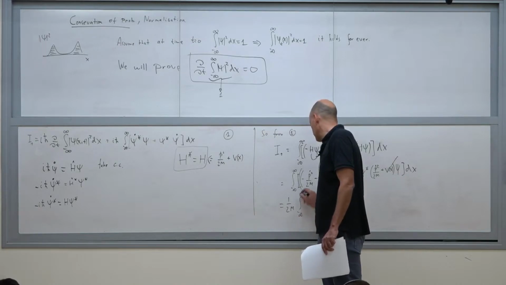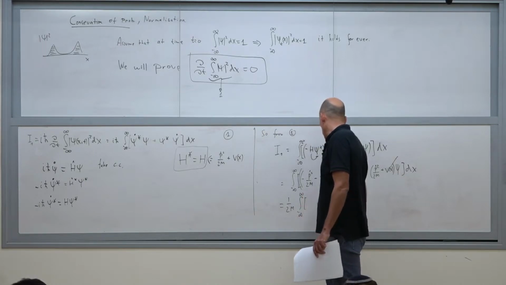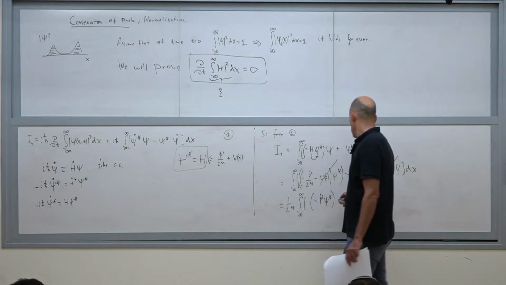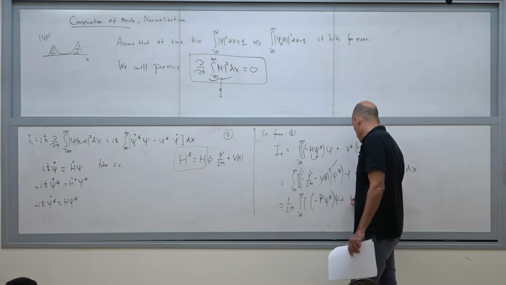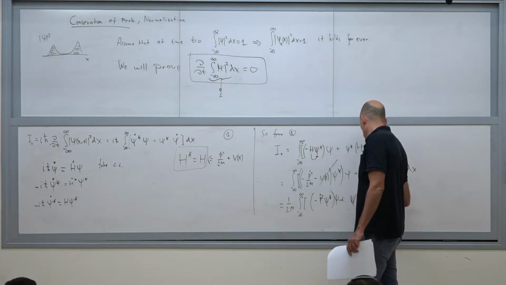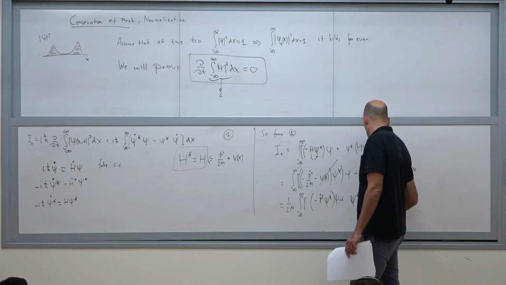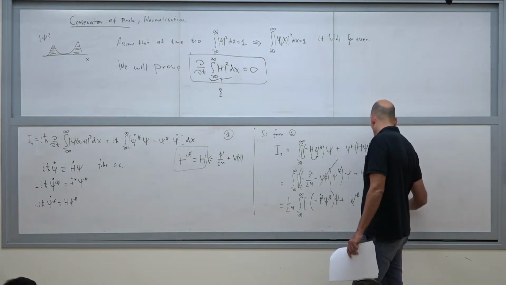integral from minus infinity to infinity. Here I have minus p squared psi star times psi, plus psi star p squared psi, dx.